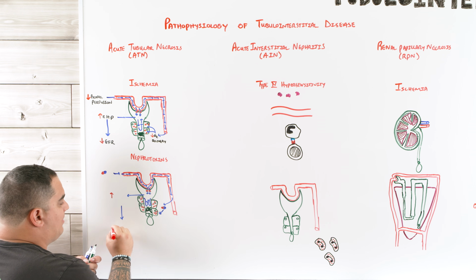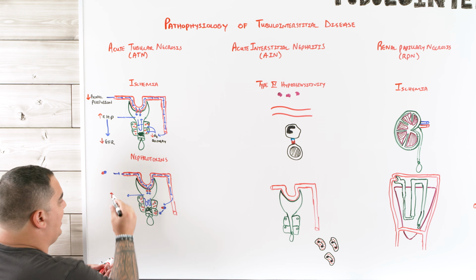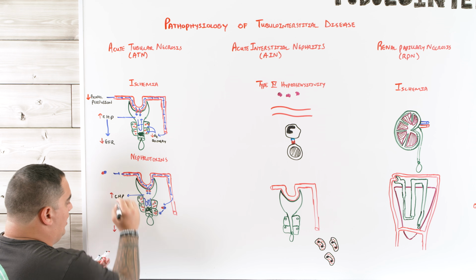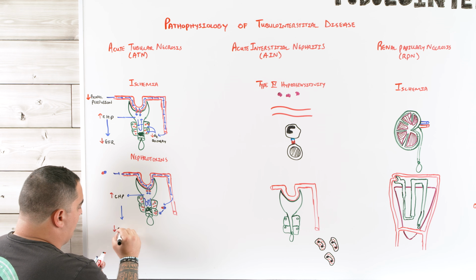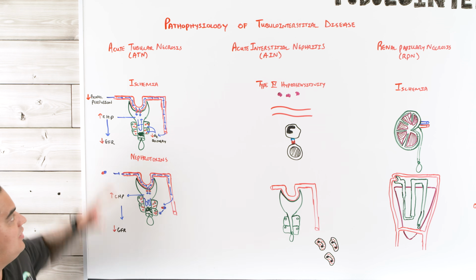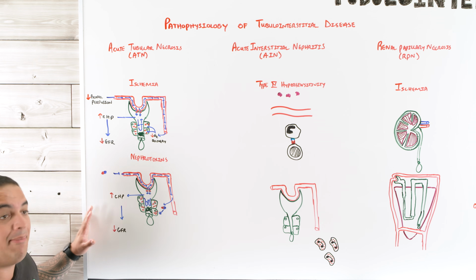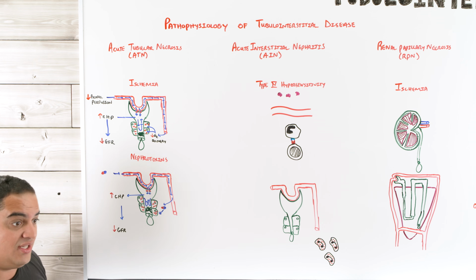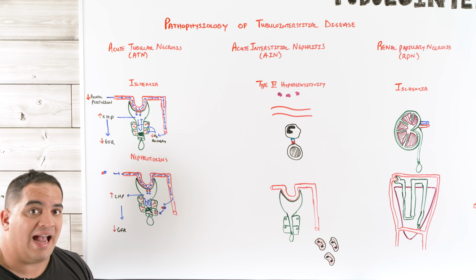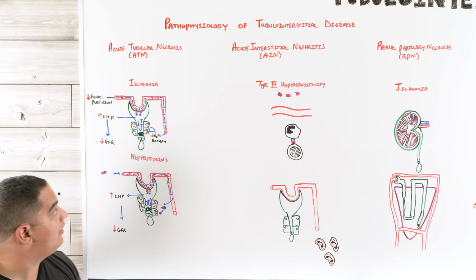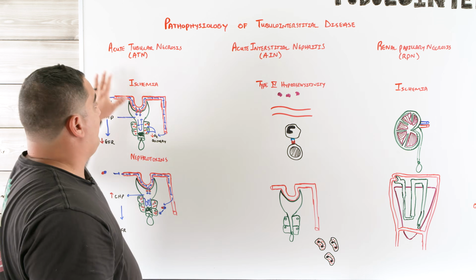So you have an increase in capsular hydrostatic pressure that causes a decrease in the ability to filter things across the glomerulus, called GFR. Right? And so this is what causes these patients to develop acute kidney injury, because this is usually a rapid reduction in GFR. And then that causes an acute rise in their serum creatinine and a drop off in their urine output.